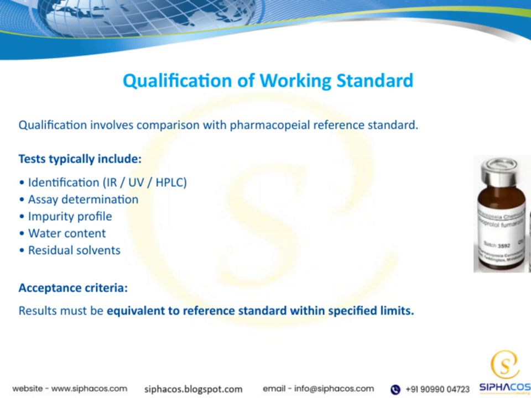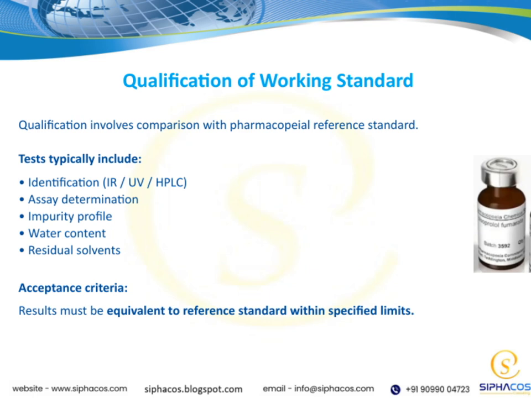We also determine the assay, which tells us the concentration or potency of the active ingredient. Additionally, we look at the impurity profile to identify any unwanted substances, measure the water content to ensure proper stability, and check for residual solvents that might be present from manufacturing.